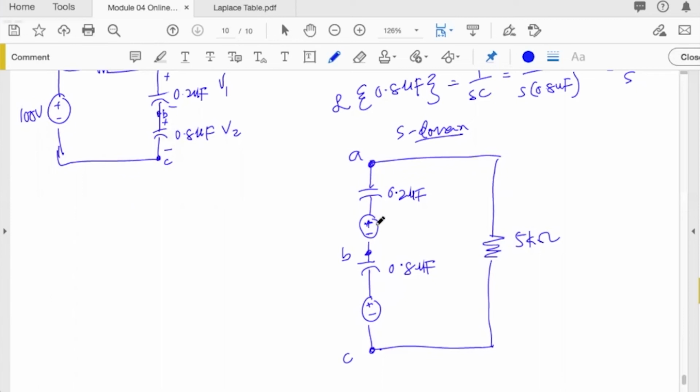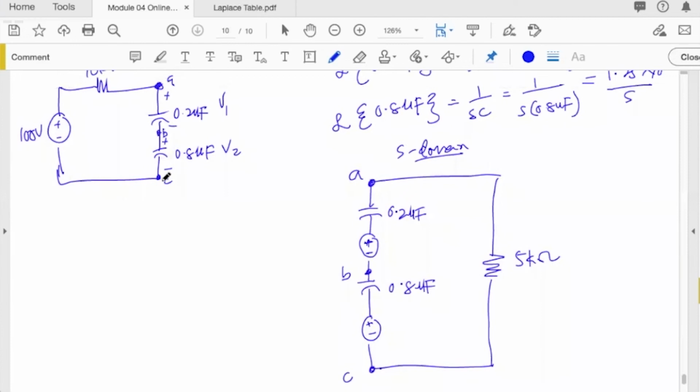Okay, so what is the initial value in here? So remember that you have your A and C with 100 volts. Okay, so if we look at the voltage supply, which is 100 volts, and we look at the node A and B, since we have 0.2 microfarads, we can say 20% of the voltage being supplied will be stored inside of our capacitor.